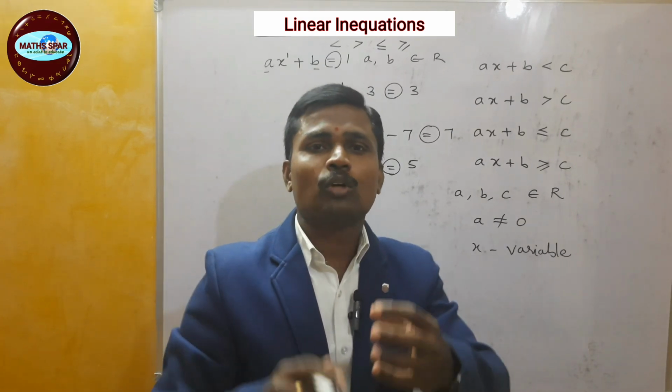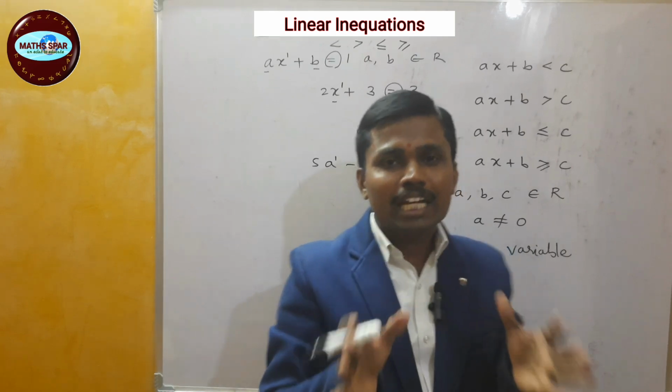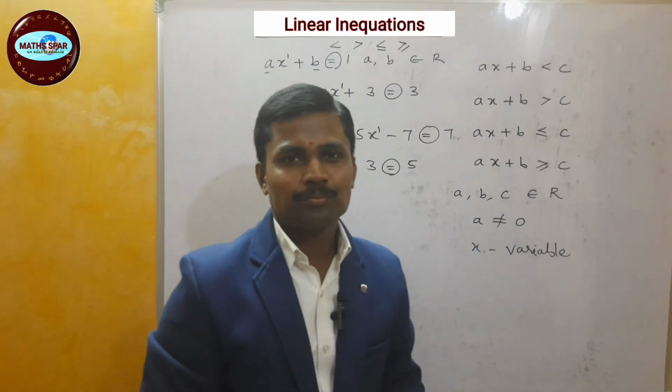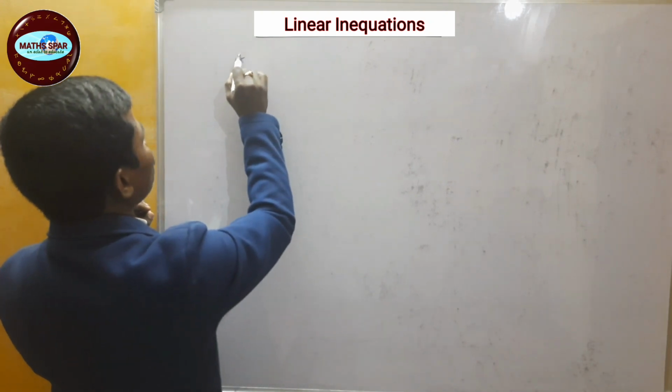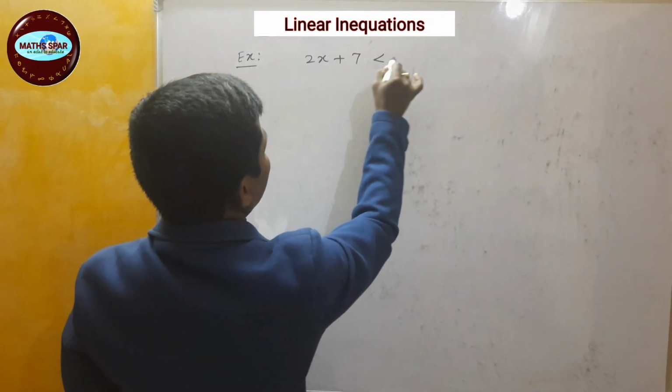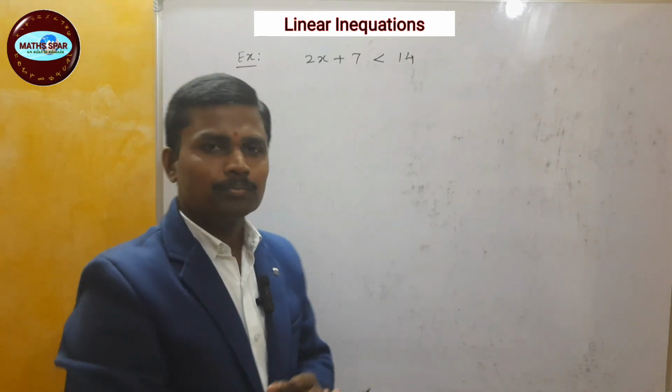So how do we solve these linear inequations in one variable? Let us look ahead. Example, 2x plus 7 is less than 14.